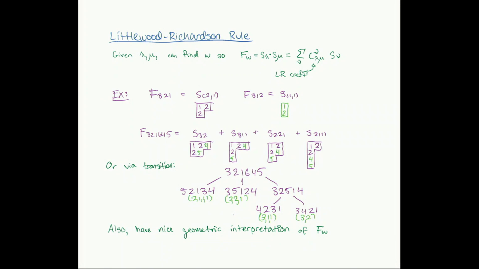this is the product, and I guess I forgot to write that. So let me write that right now. F321645 is equal to S21, i.e. F321, times F312, i.e. S11.